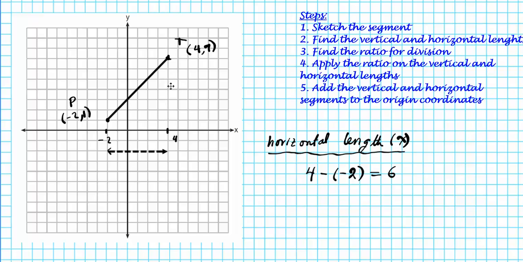Now, what's your rise? What is the vertical distance of the graph? So we're looking for the distance from here all the way to the top. What's the rise? How long is that? Okay. So let's write it down. Vertical length.